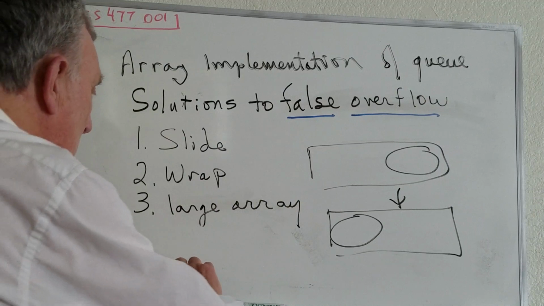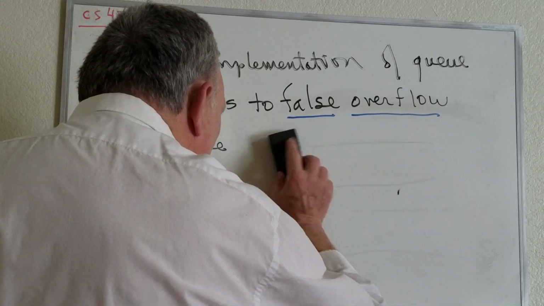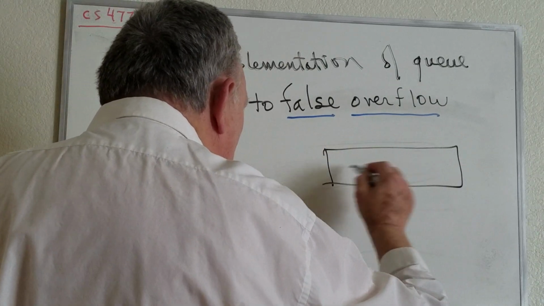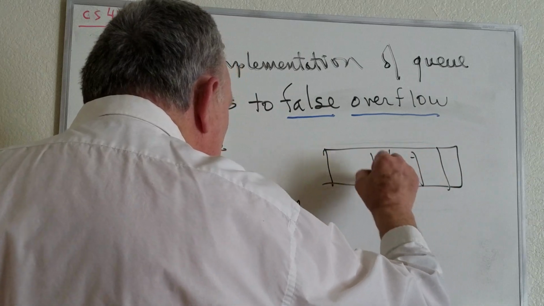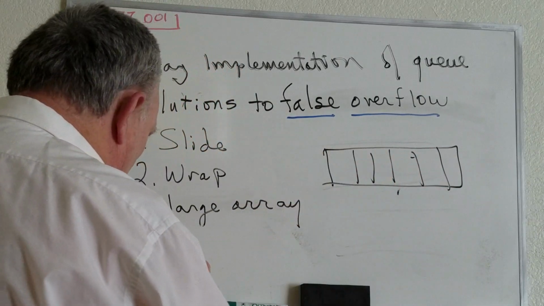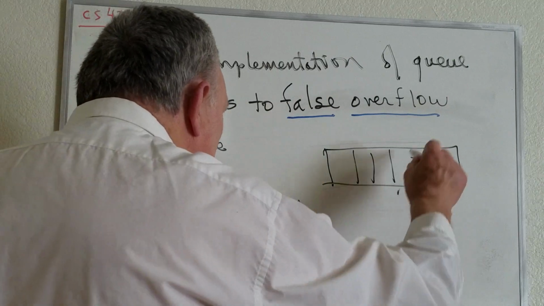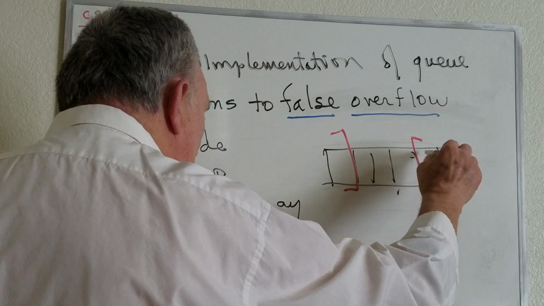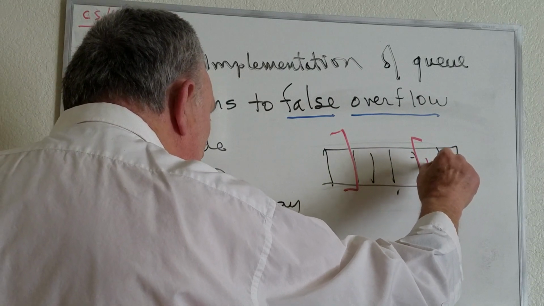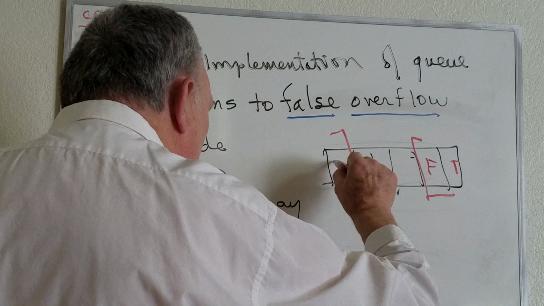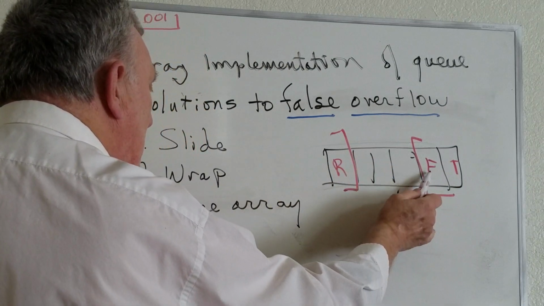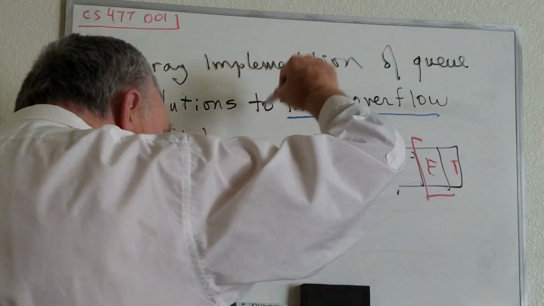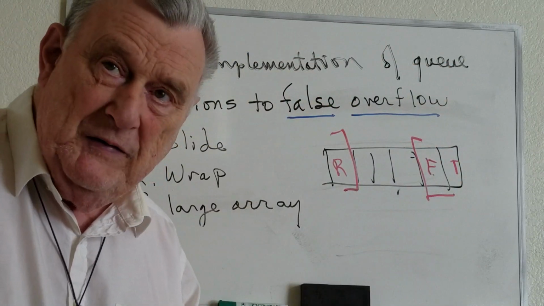Now, another one is called wrap, and that uses a circular implementation, so that when we get to the end, we can have a queue that wraps around and starts incorporating the front of the array. For example, if this is the item F, T, R, then that means that the front item is F, the rear item is R, and it theoretically wraps around that way.